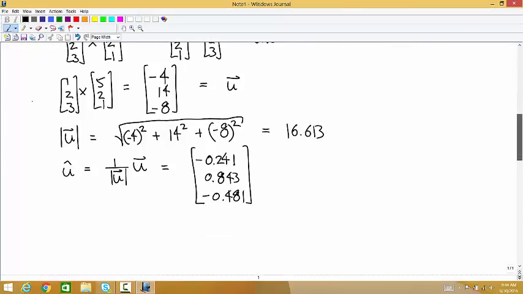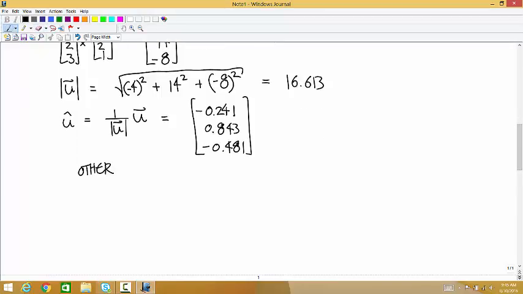And so that's one unit vector perpendicular to both of these. And the other one is just the opposite direction. And so it's 0.241, negative 0.843, positive 0.481.